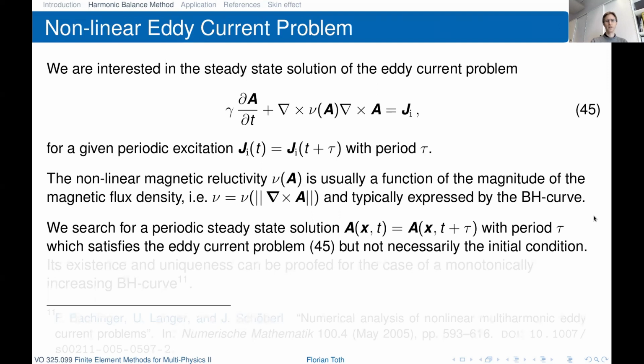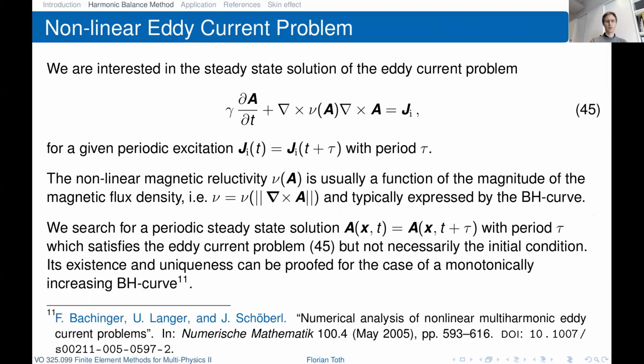We don't need an initial condition because the existence and uniqueness can be proved for the case of a monotonically increasing BH curve. And that's usually what we have physically. So in this case, we're lucky. We have a unique solution, and we will compute it via the harmonic balance method.